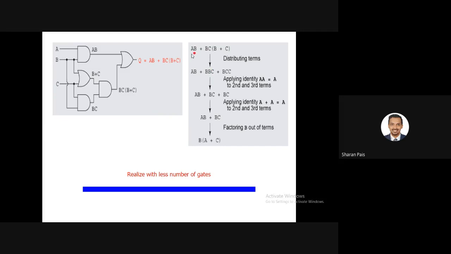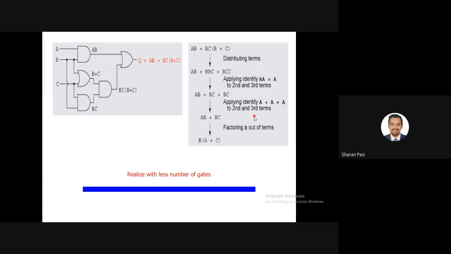So one equation was given, this one. If you are directly implementing that, you need this big circuit: 3 AND gates, 2 OR gates. So simplify that.